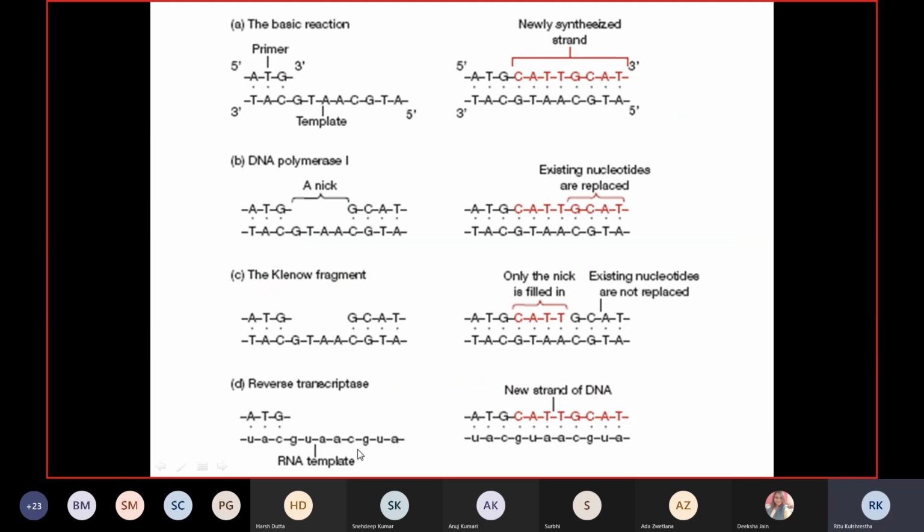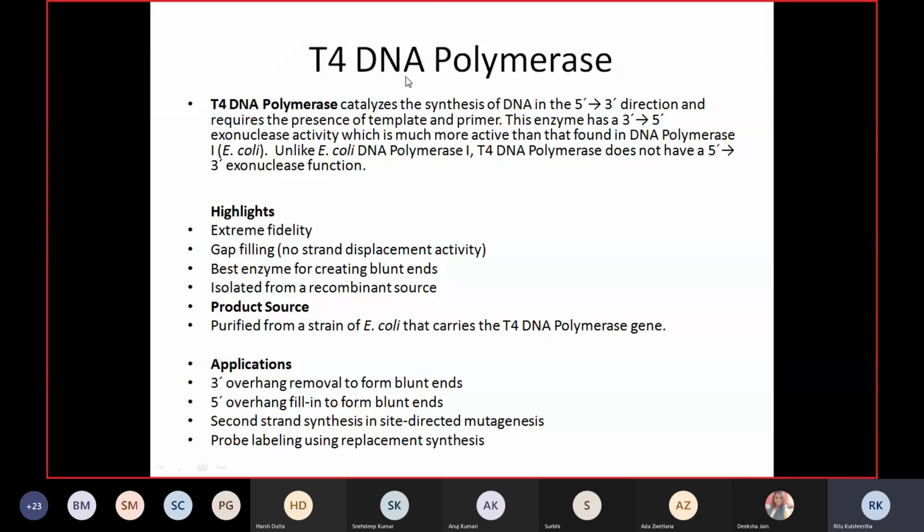And if you have a 3' overhang, no photo is given here, but let's say you had one, then that can be removed by the 3' to 5' exonuclease activity. And I already told you that this activity is not that potent in the E. coli enzyme as compared to T4 DNA polymerase. So in those cases, you go for T4 DNA polymerase. If I ask you which enzyme will be preferred for both fill-in as well as removal of the overhangs, the answer should be T4 DNA polymerase.